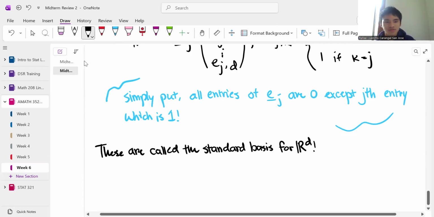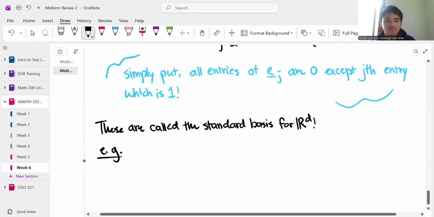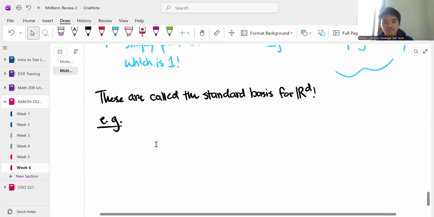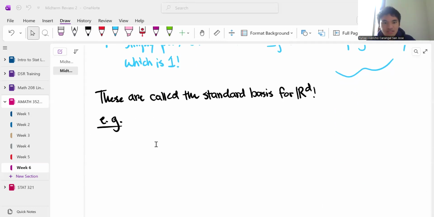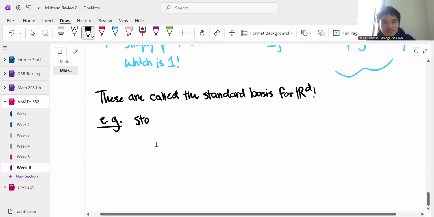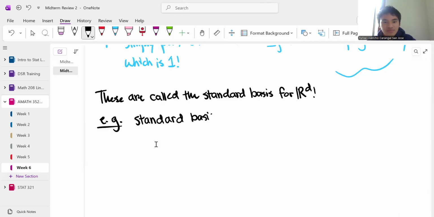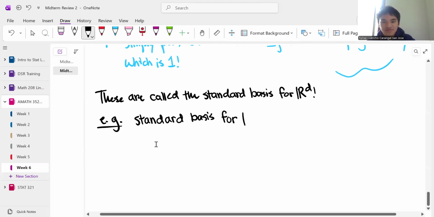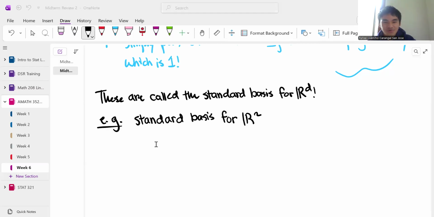So I guess we can do an example. What is the standard basis? This one we're going back to calculus 3, but we're going to frame it in a linear algebra way.